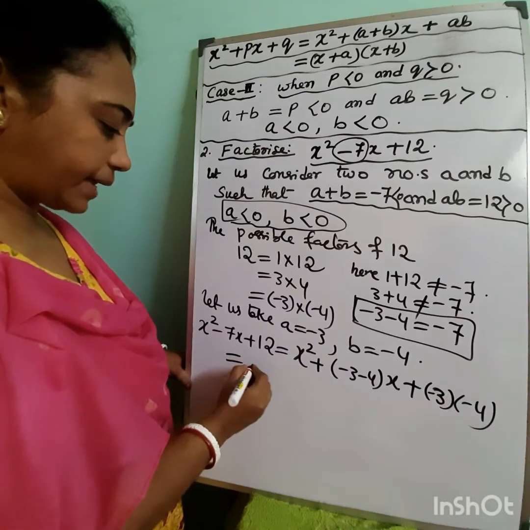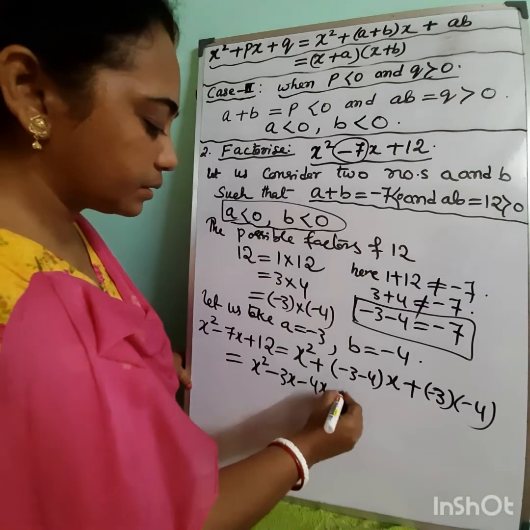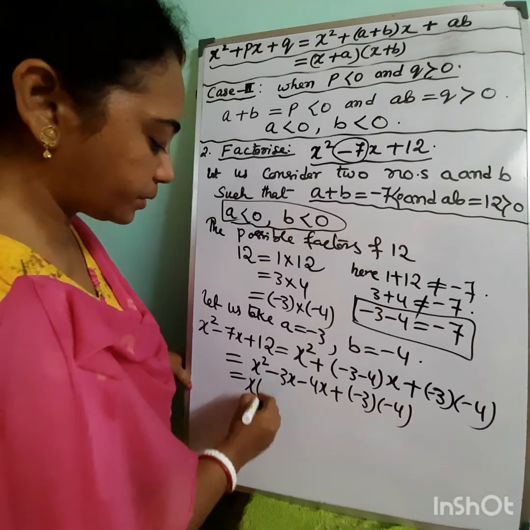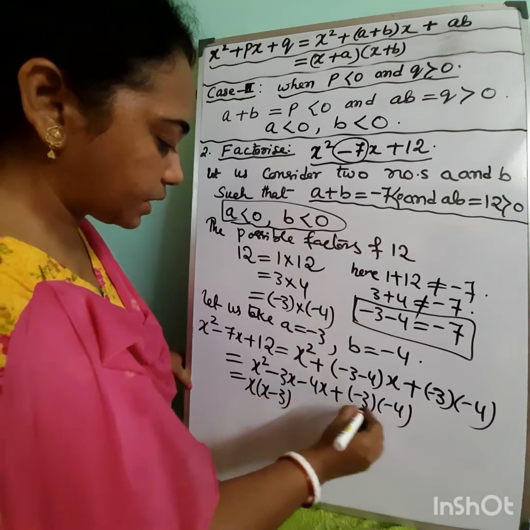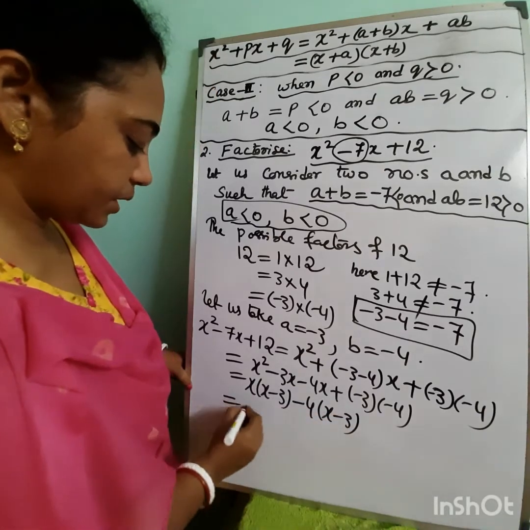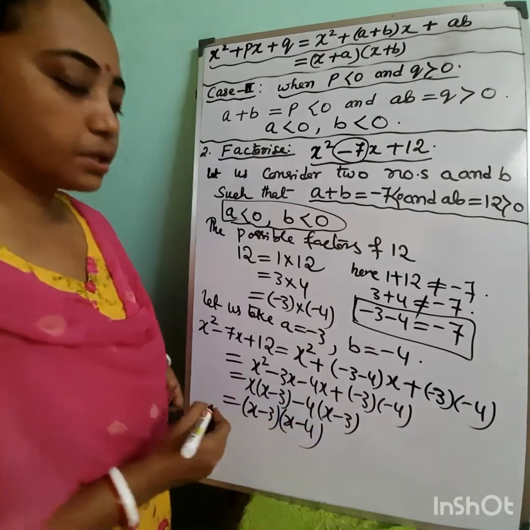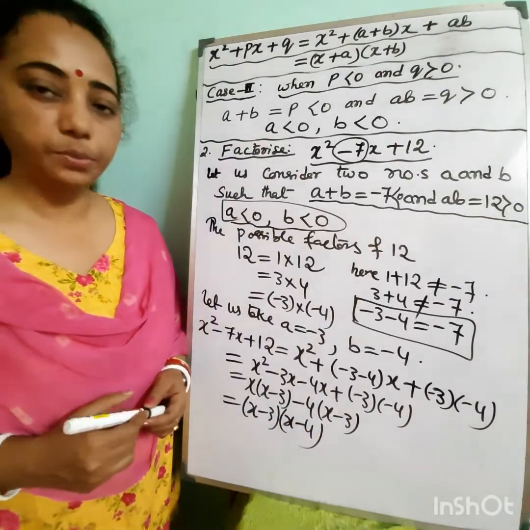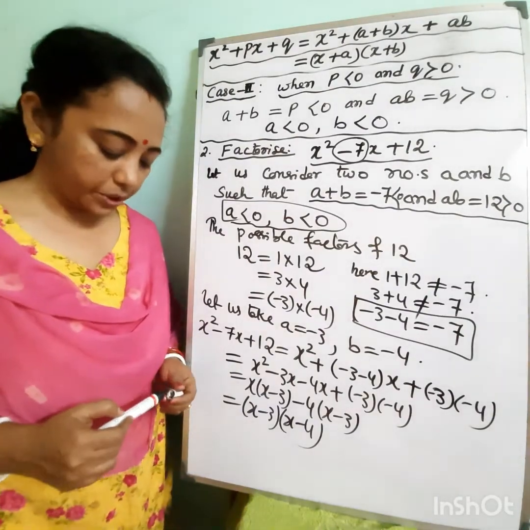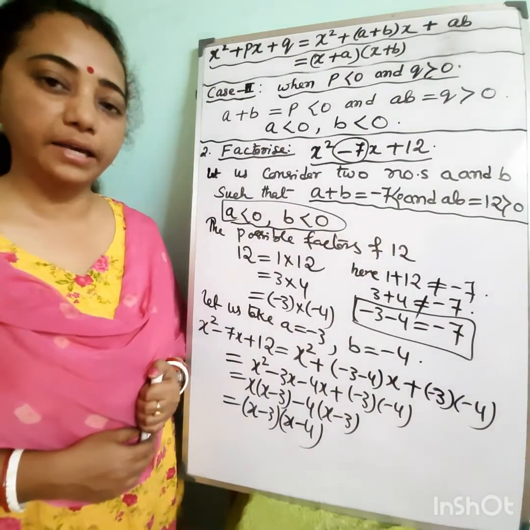Now if we open the bracket, this becomes x square minus 3x minus 4x plus minus 3 multiplied by minus 4. If we take x common, this is coming x minus 3, and if we take minus 4 common, this is coming x minus 3. So this becomes x minus 3 multiplied by x minus 4, which is the required factor form of the given algebraic expression x square minus 7x plus 12, which is also known as the quadratic polynomial. So here the two factors are x minus 3 and x minus 4.